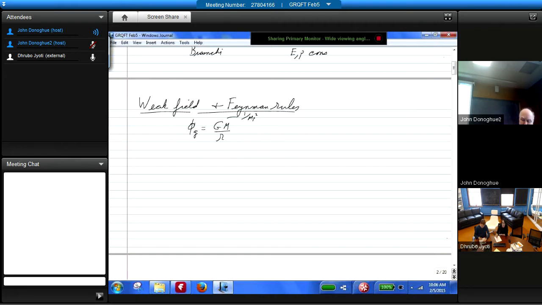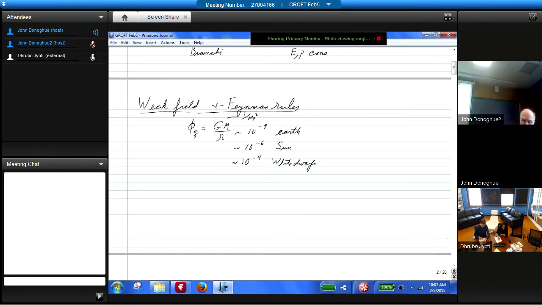This is about 10^-9 for us right here in this room, about 10^-6 at the surface of the sun, and as big as it gets in ordinary stuff, 10^-4 for white dwarfs. Of course, if you have a black hole, it gets of order 1.